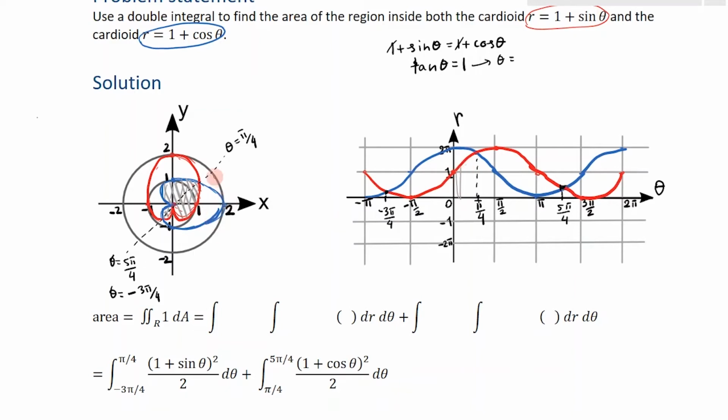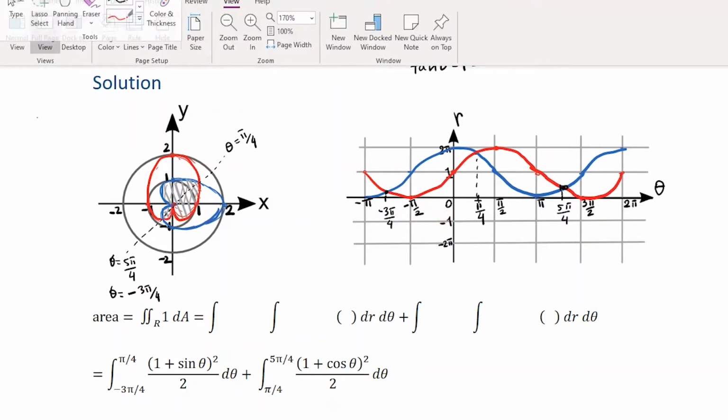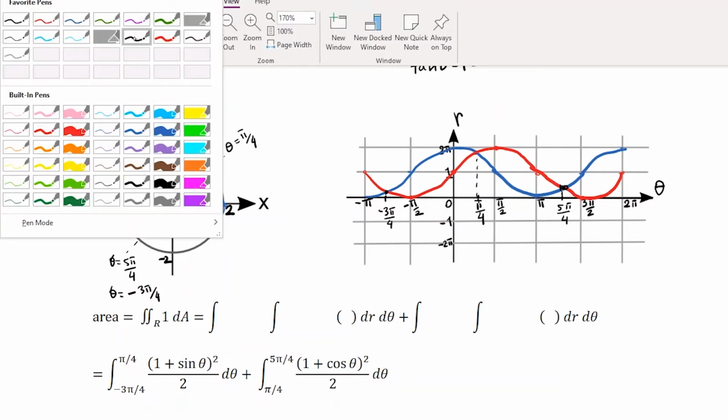From 0 to π/4, it will be the red curve that determines where you end the integration, and then it becomes blue, and then it becomes red again. So this makes it 3 regions of interest, which will give you in the end 3 integrals. You can try it. That's probably the default solution of this.